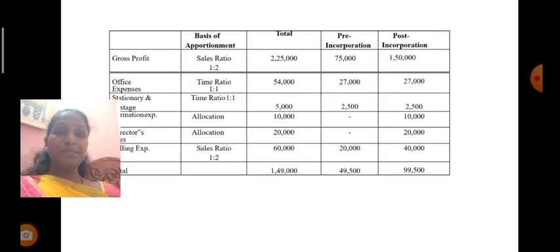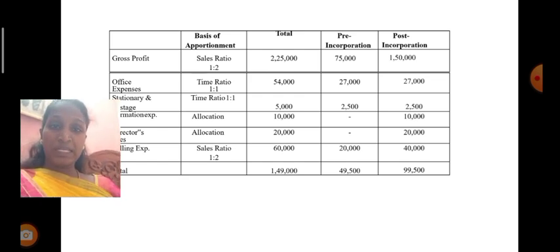So here the tabular column has to be divided like this. First column particulars, second column basis of apportionment, third column total, next pre-incorporation period, and post-incorporation period. First, gross profit has to be taken because the income has to be taken. After that the expense items have to be listed out.